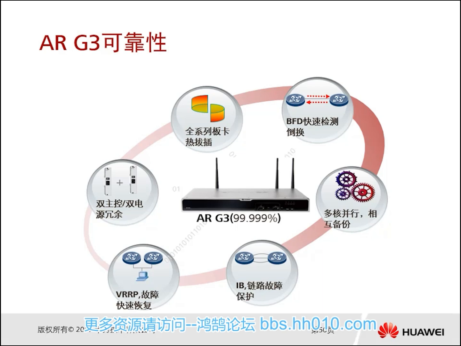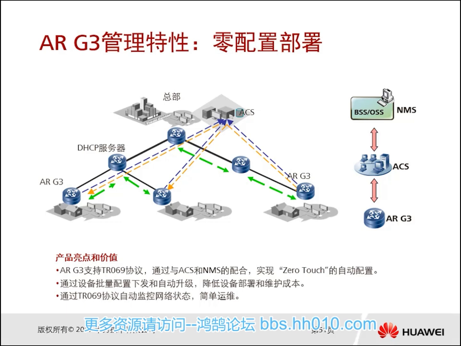Mainly we introduced these together. Then let's take another look at the management aspect, one of its so-called zero deployment parts. Here it mainly talks about the product. It is said that AR can support the TR069 protocol. By collaborating with ACS and NMS, it achieves automatic configuration, and can achieve batch deployment of services automatically, with issuing and upgrading.